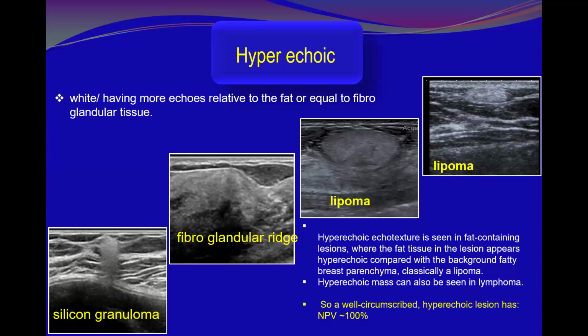So hyperechogenicity, if it is associated with circumscribed margins, then it will have a negative predictive value of 100%. It will be a lipoma, if it is circumscribed.